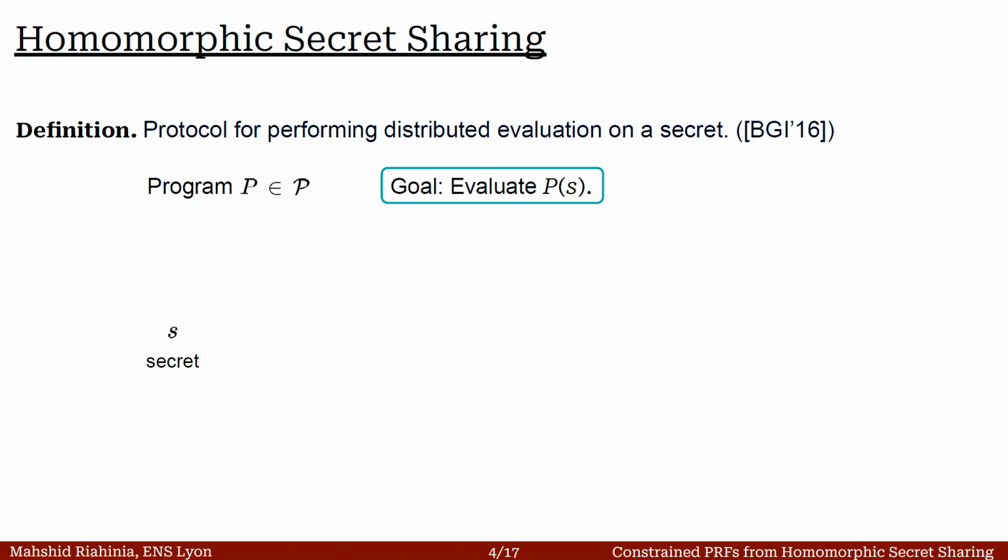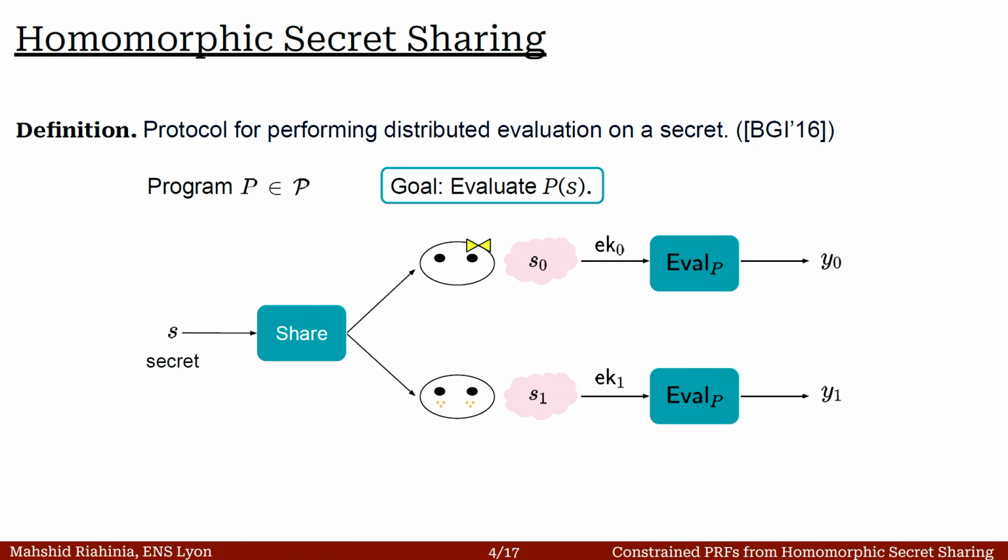The way we construct our constrained PRF is by using another protocol called homomorphic secret sharing. A homomorphic secret sharing scheme is used to perform distributed evaluation on some secret. For instance, let's take a program P in some family of programs and some secret S. The goal of the homomorphic secret sharing scheme is to evaluate P of S. The way it does it is it first shares this secret between two parties.